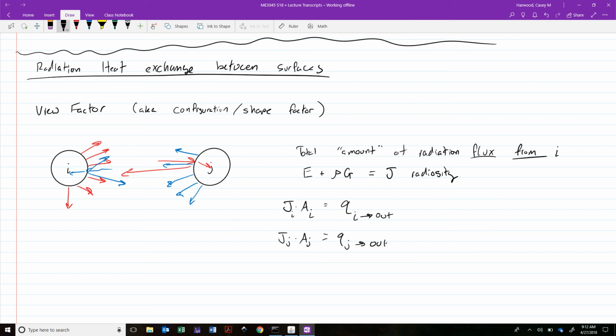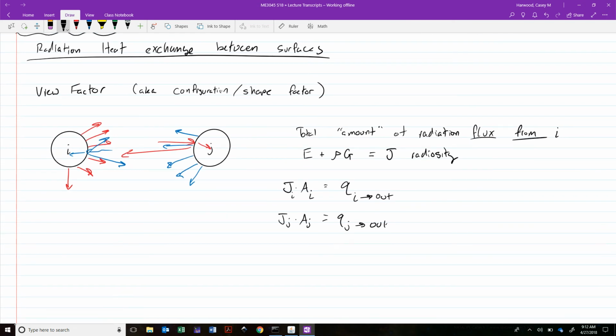Okay. The view factor is defined very simply as this. If we say F sub I J, then what this gives us is the total amount of energy being transferred from I to J divided by the total outgoing, so this would be Q I to J over Q I out.